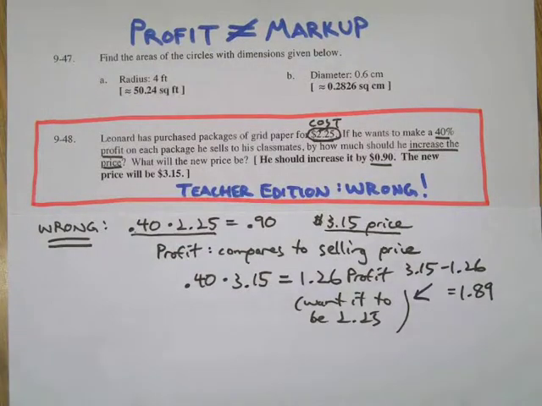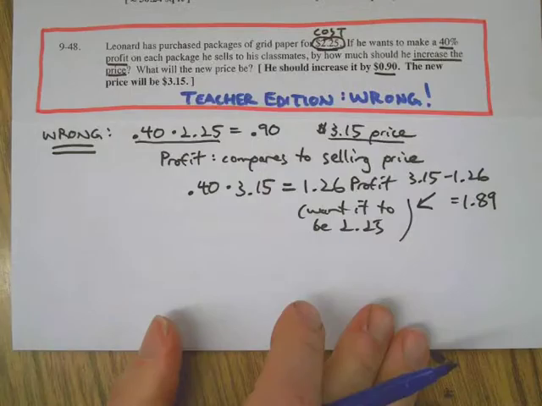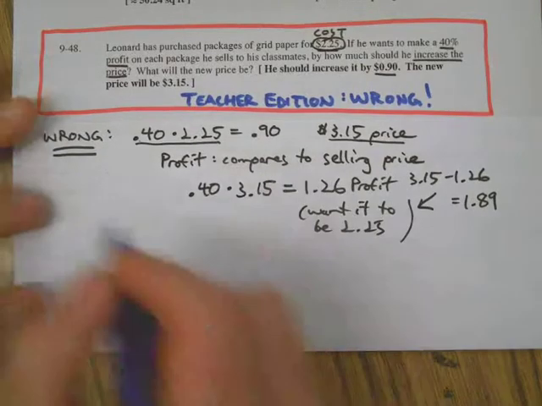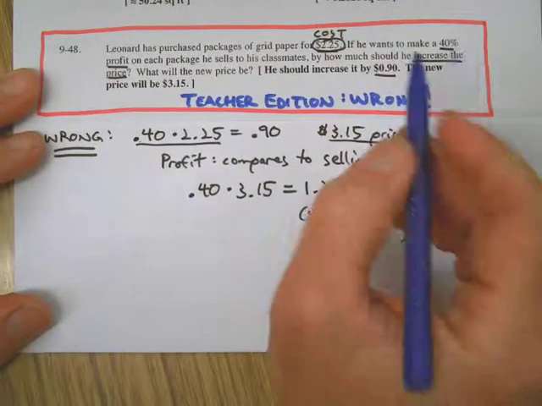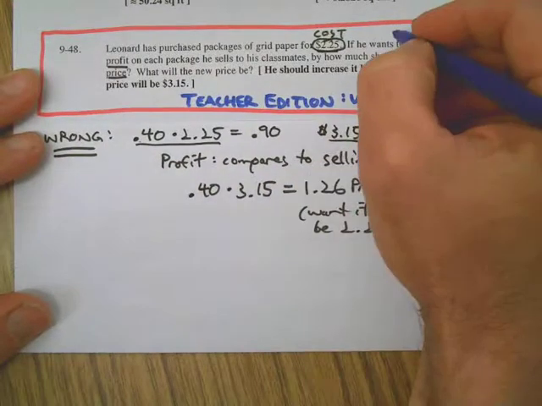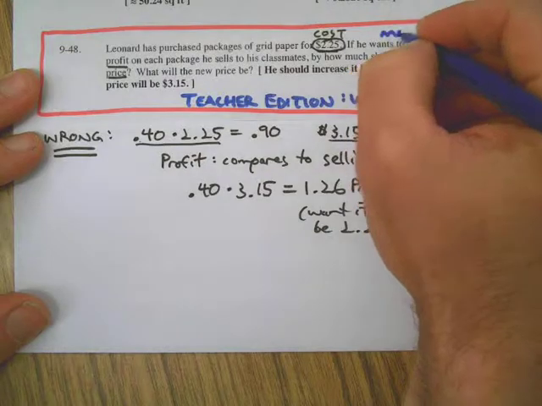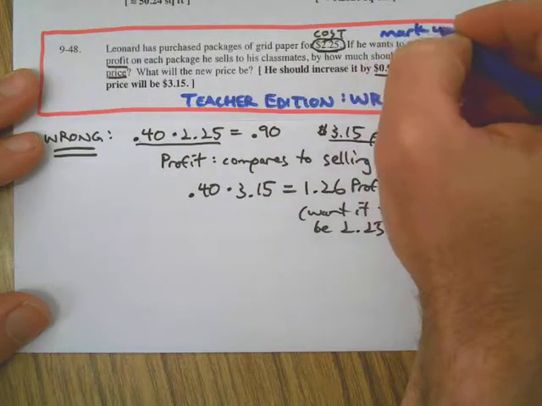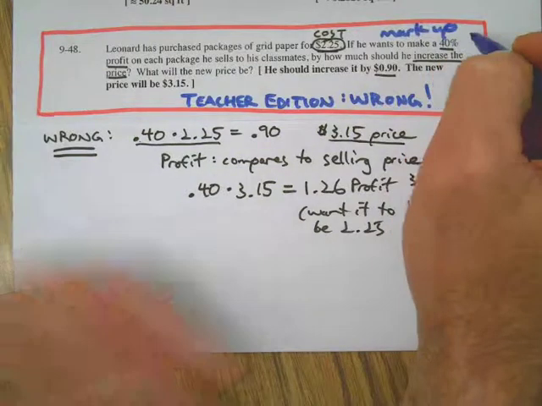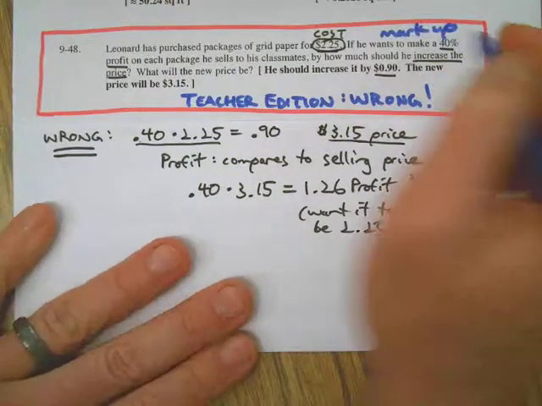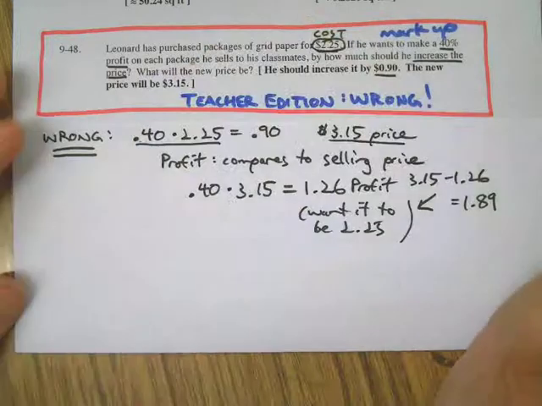We can learn more from doing it wrong than doing it right sometimes. So here's the problem with this, and here's why the book got it wrong. Okay? The book should have said if he wants to mark up his product by 40%, then this problem works out.